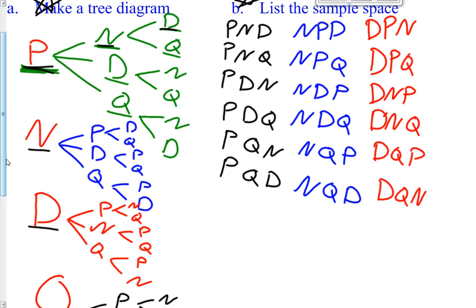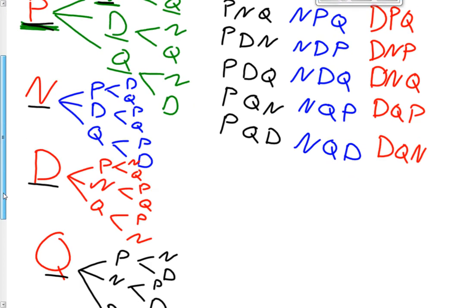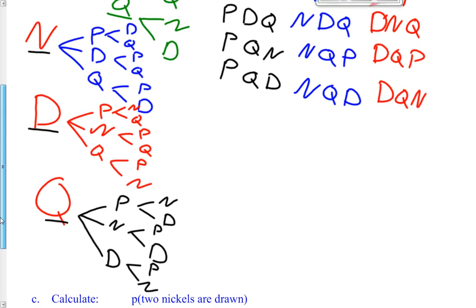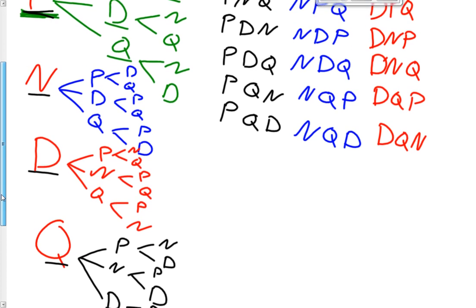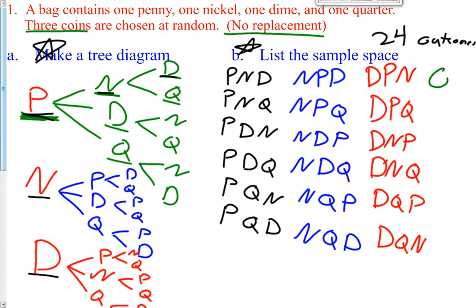Okay, let's write down the last possibilities, and the last possibilities is when we would have the quarter first. So quarter, penny, nickel, quarter, penny, dime.